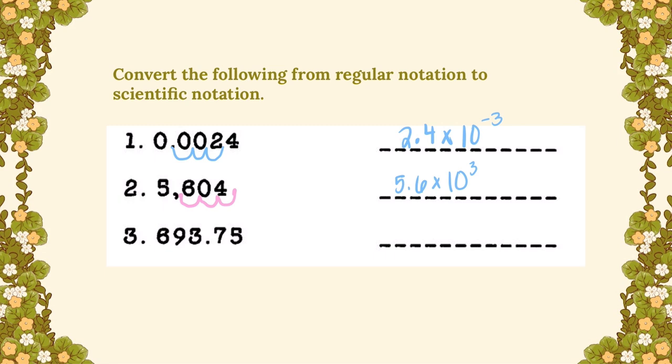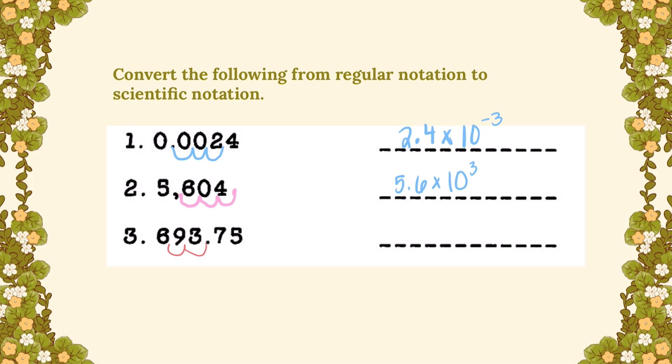And so let's look at the next example as well. We're going to move 1, 2 to the left. So you could write this number as 5.6, or you could write it as 5.604.